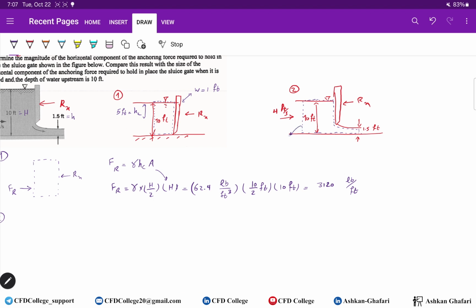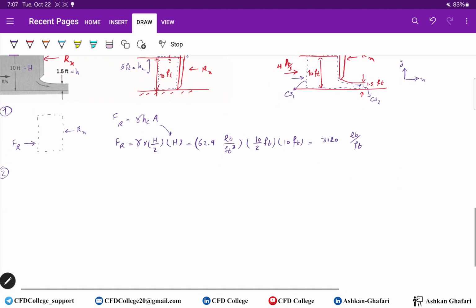So this is control surface 1, this is control surface 2. Here we have outflow, here we have inflow. And this is x direction, this is y direction.